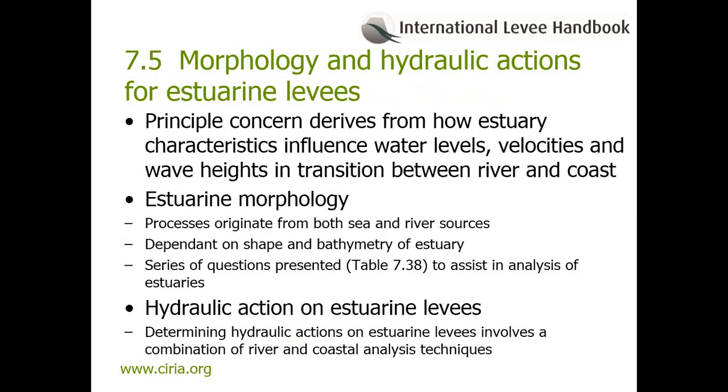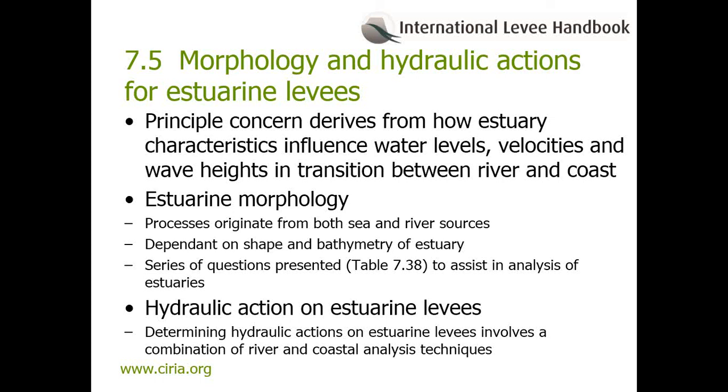Section 7.5 introduces hydraulic actions for levees within an estuarine environment. In this setting, the characteristics of the estuary influence hydraulic loads that act upon levees. For instance, the shape of an estuary may amplify or dampen wave heights. Morphological response and hydraulic actions in an estuary originate from both sea and river sources.